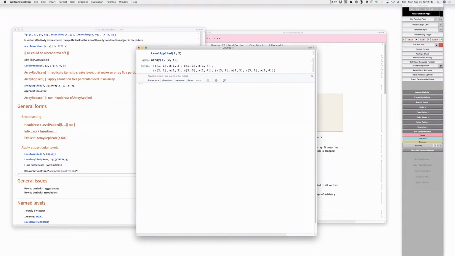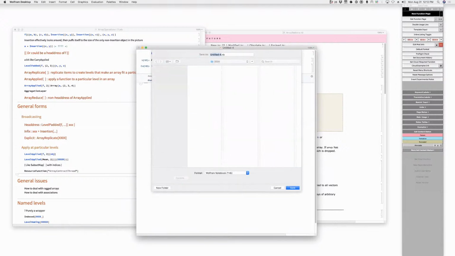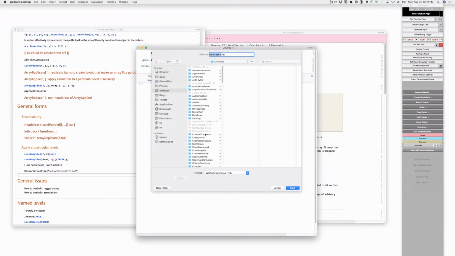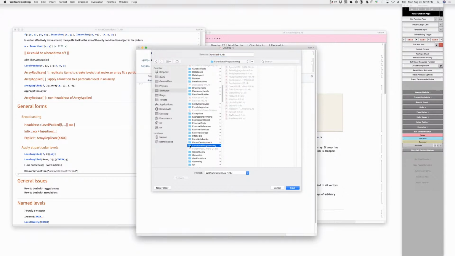Are we making sense? Although is it apply? That's what ArrayReduce does, but that's the headdress version of this. Yes, that's correct. Also, at least in the ArrayReduce documentation, it looks like it's actually a map, not apply, because it's running mean of a list of such and such instead of just mean of the numbers, which is what apply would do.